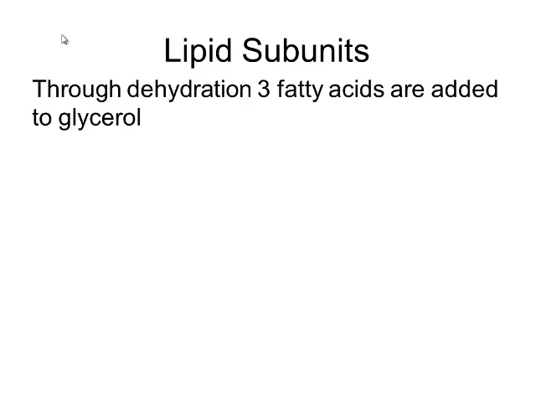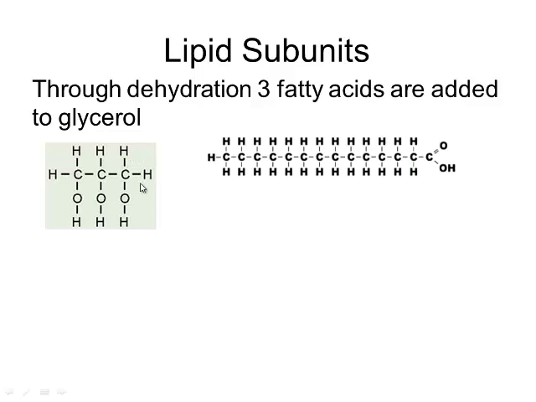Okay? So the process of creating a lipid is also dehydration, where we take 3 fatty acids and add them to the glycerol. There's 3 carbons in order for these fatty acids to join. So if we look here, what happens is the OH from one side of the carbon is going to be taken off, as well as the H from the carboxyl group on the fatty acid.